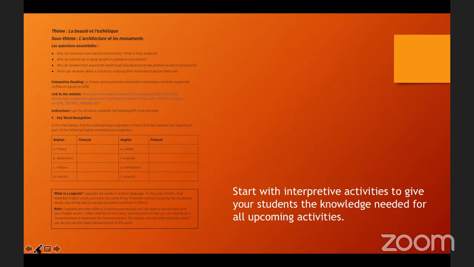I typically like to start with reading so they can start to see the words and then they can go through and kind of get a feel for the new vocab words. Then I'll usually go from there to a listening or a viewing. Either one is fine. I find that viewing is a little easier for the students because they can see and they have that extra skill that they can use to help them interpret.